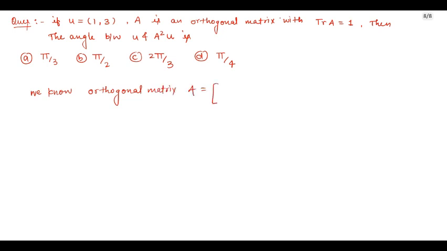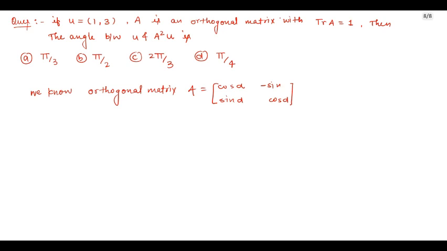A is equal to [cos alpha, minus sin alpha; sin alpha, cos alpha]. This is the general orthogonal matrix, because for every alpha this is orthogonal. This A is orthogonal for every alpha, not only a particular alpha, right?